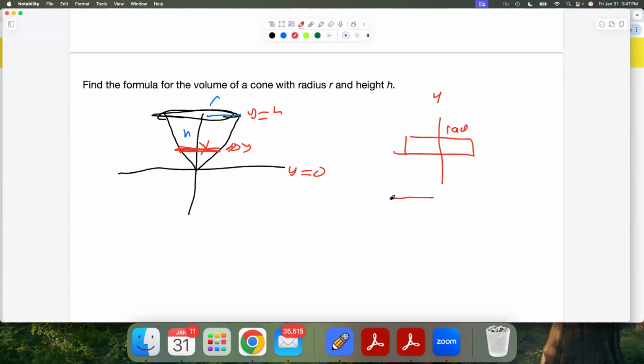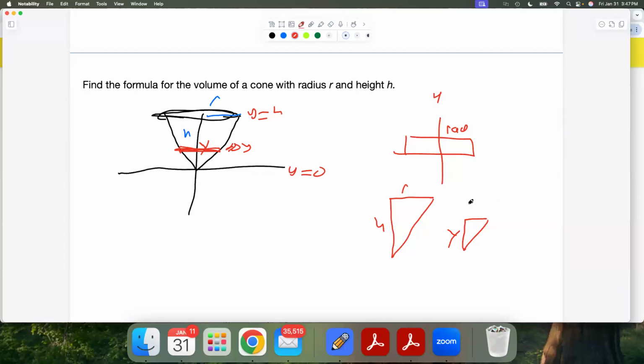So I've got my big triangle here, where this is r and this is h, and then my little triangle here, y was the height. Sorry, this is y. I need this guy here. So I don't know.